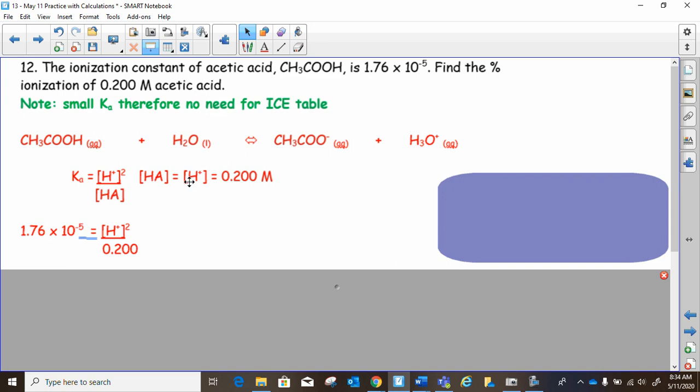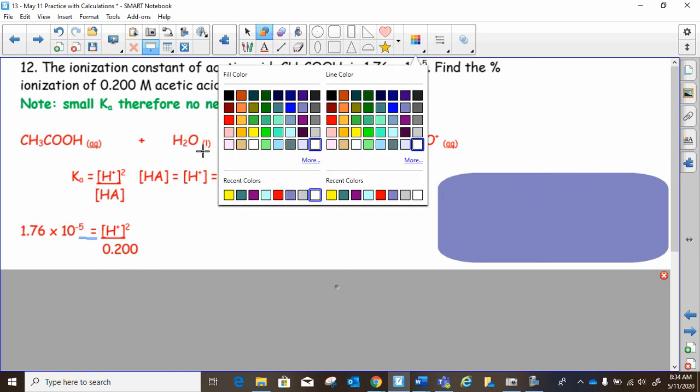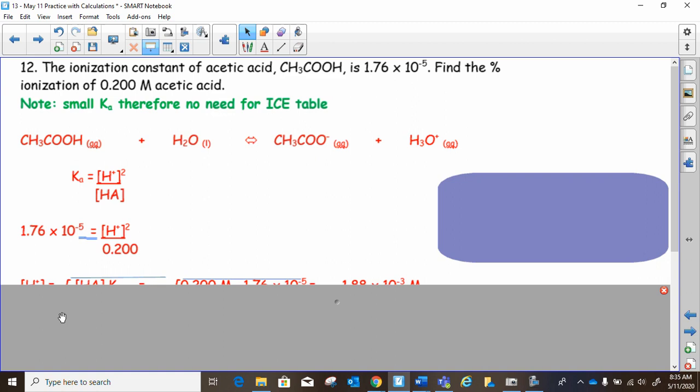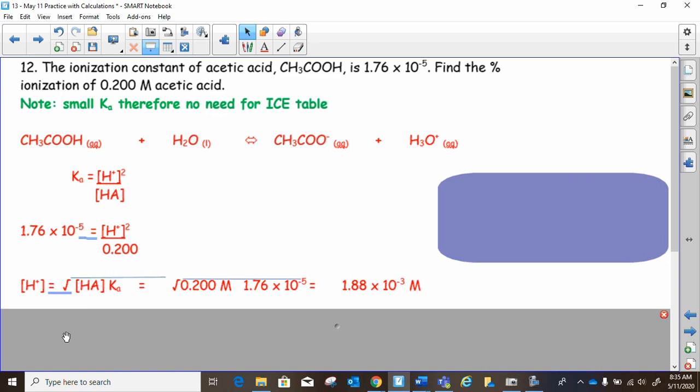Okay? Now, I'm going to get rid of this little part because I don't want that to throw you right now. So I'm going to cover that up. Anyway, so there's the equation you would have found. You could have rearranged and solved for H plus, which is great. Great, thanks Tate, you found H plus, except we're looking for percent ionization.